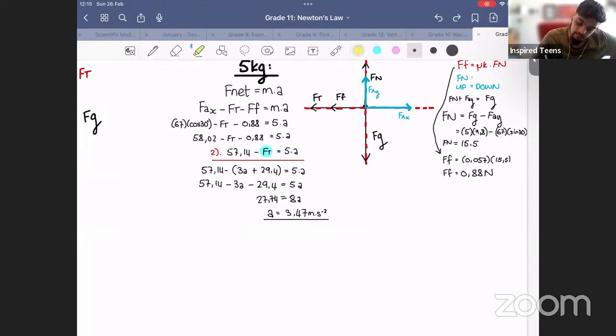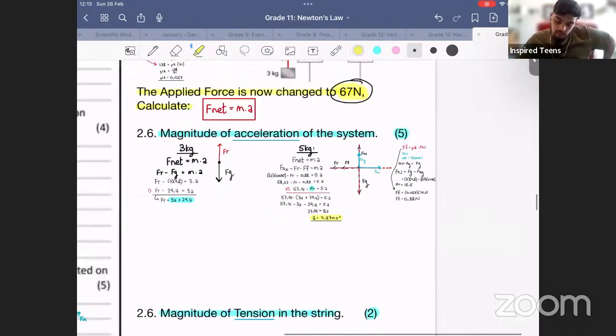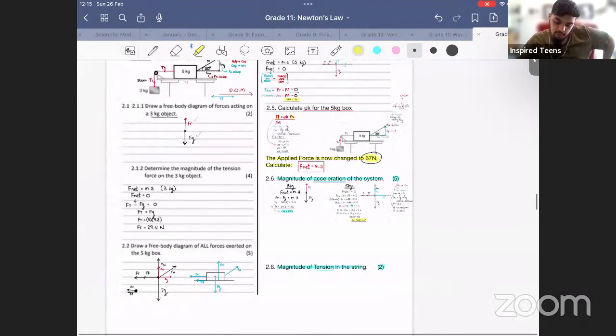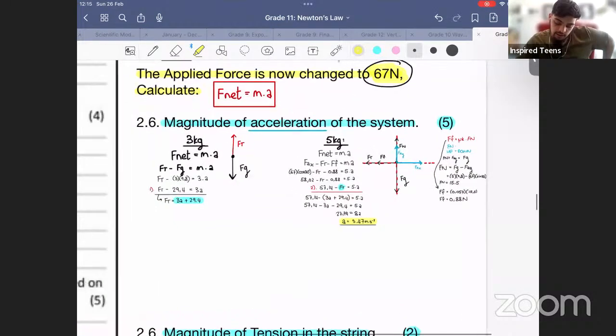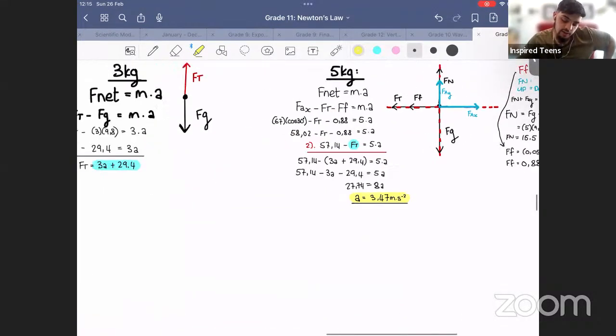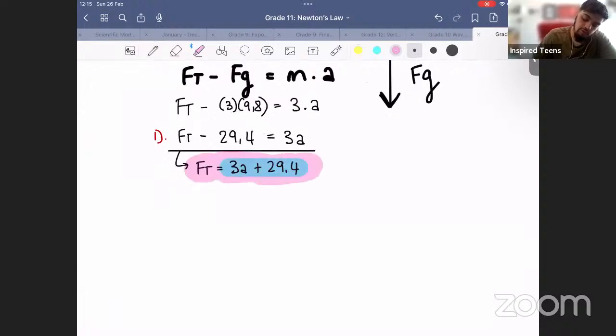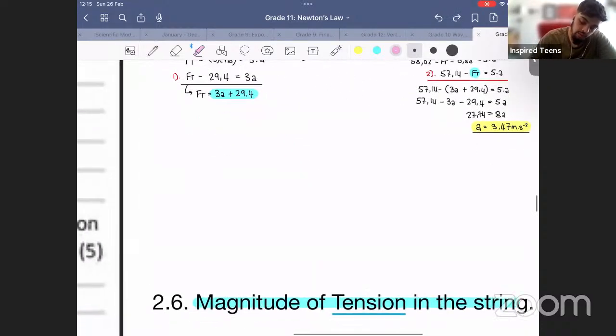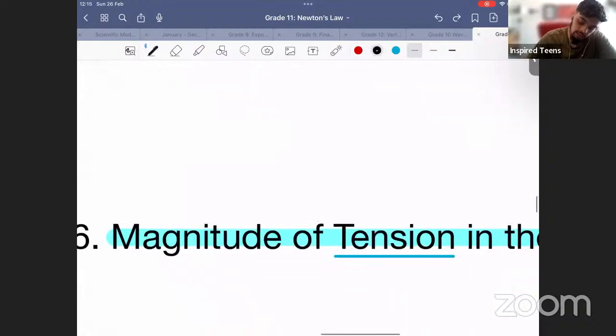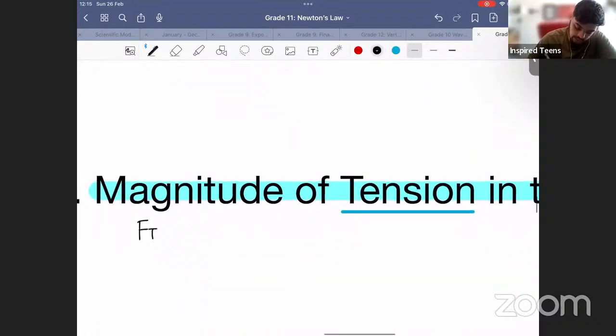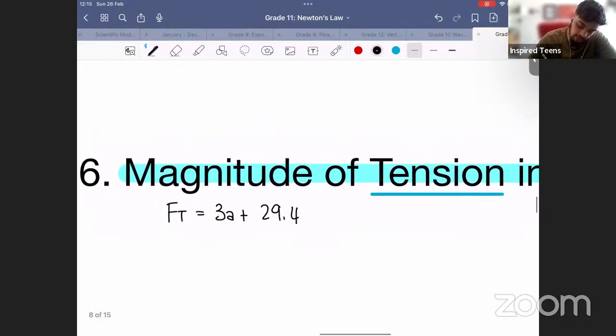Tension is easy. We didn't even have to write that small. Tension is easy because we have acceleration, and always in your rearranged equation in simultaneous is where you now substitute that variable. So I'm going to say Ft is equal to 3a plus 29.4. I substitute the value for a.